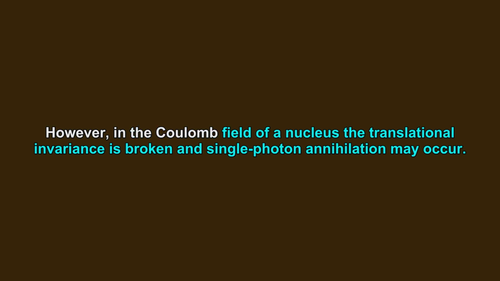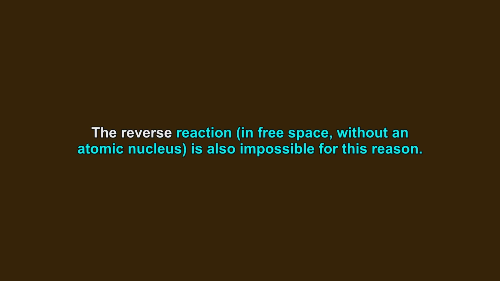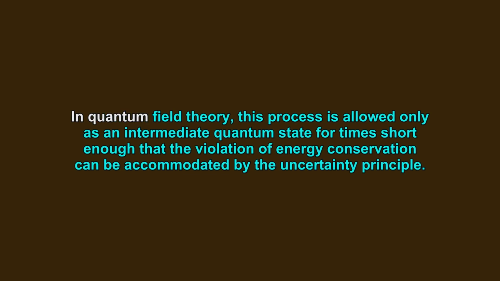However, in the Coulomb field of a nucleus, the translational invariance is broken and single-photon annihilation may occur. The reverse reaction, in free space, without an atomic nucleus, is also impossible for this reason. In quantum field theory, this process is allowed only as an intermediate quantum state for a time short enough that the violation of energy conservation can be accommodated by the uncertainty principle.